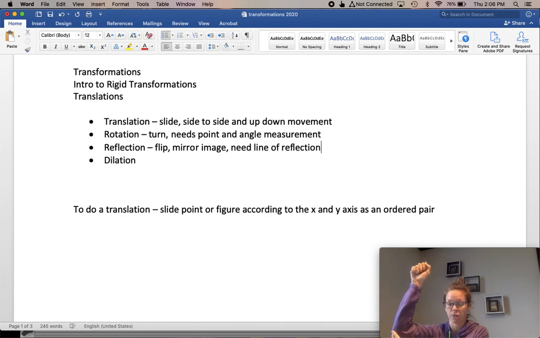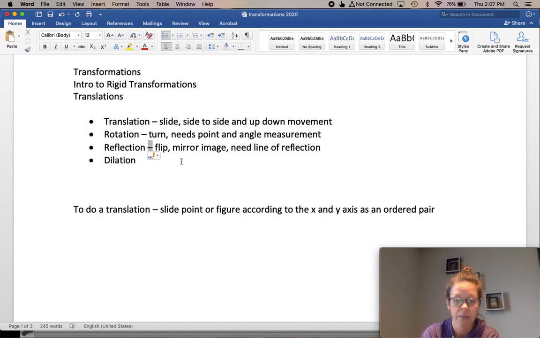In a rotation, if this is the center of my rotation and I move my object 90 degrees, it's facing a new direction, it's oriented differently, but it's still the same size. My fist didn't change size. And then if I take my fist or my hand and I reflect it over the line, still the same size, facing a different direction, but still the same size. So all 3 of those maintain the size of the object.